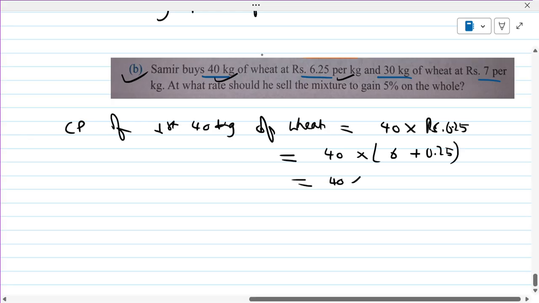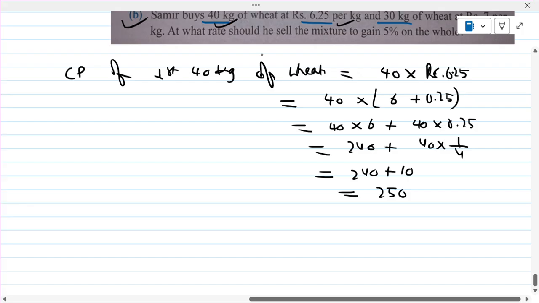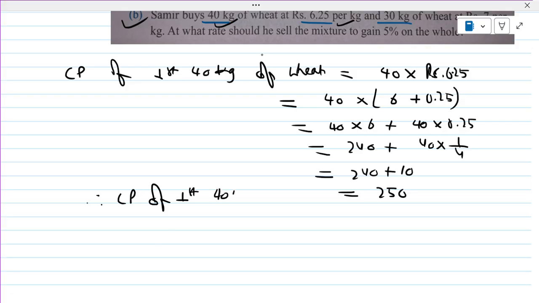So 40 into 6 plus 40 into 0.25. 40 into 6 is 240, and 40 into 0.25 is 1 by 4, 25 by 100 simplified, 1 by 4 you get. So 240 plus 10, you get 250 rupees, is it? So the cost price of the first 40 kg of wheat is equal to 250 rupees, is it?